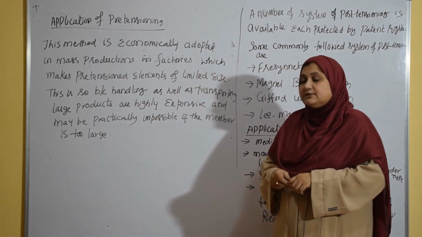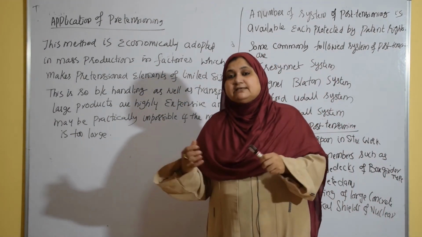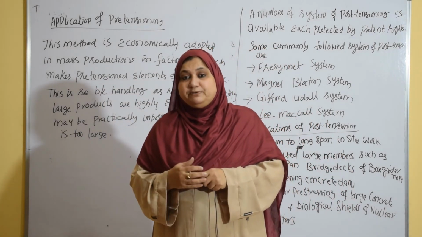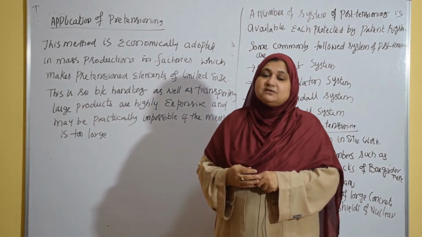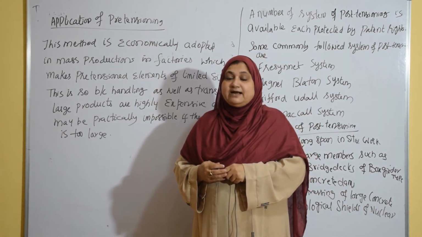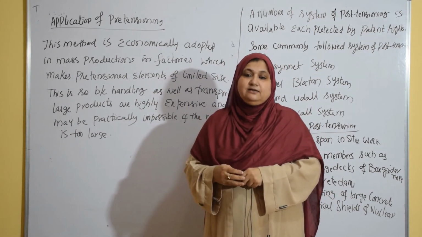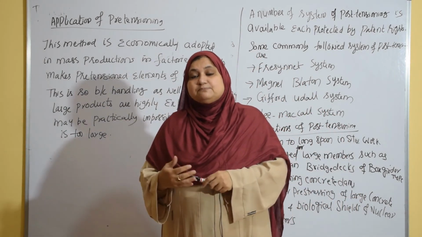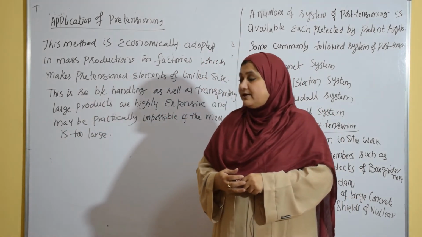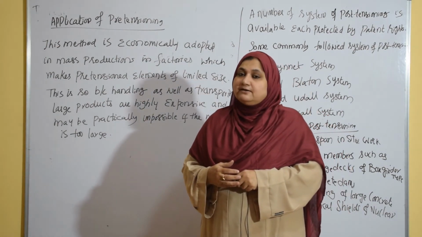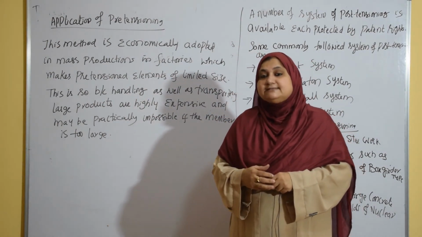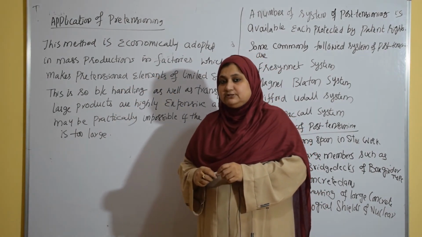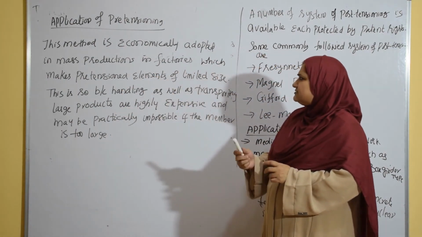So we go for pre-tensioning elements in such cases, because if you pre-tension large size elements, where the span is too big, then transportation becomes expensive and it will be difficult to handle. Accidents may occur while transporting. That is why pre-tensioning is limited to smaller size elements and mostly manufactured in industries or factories.